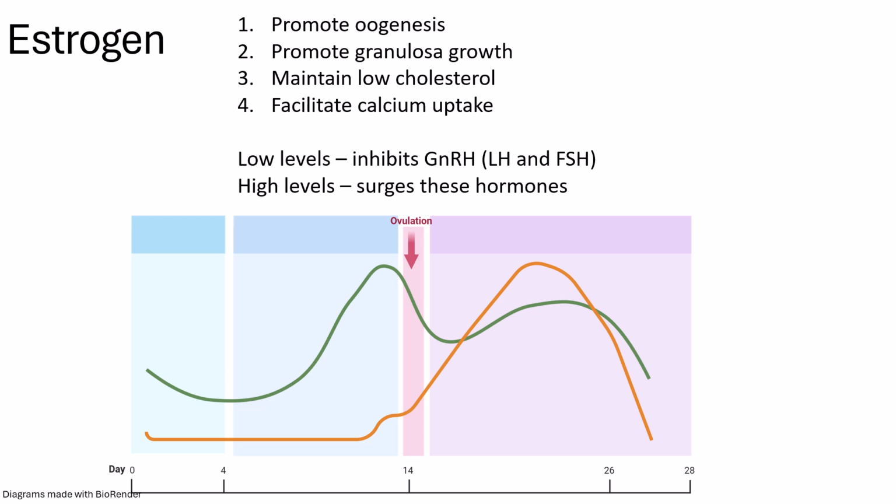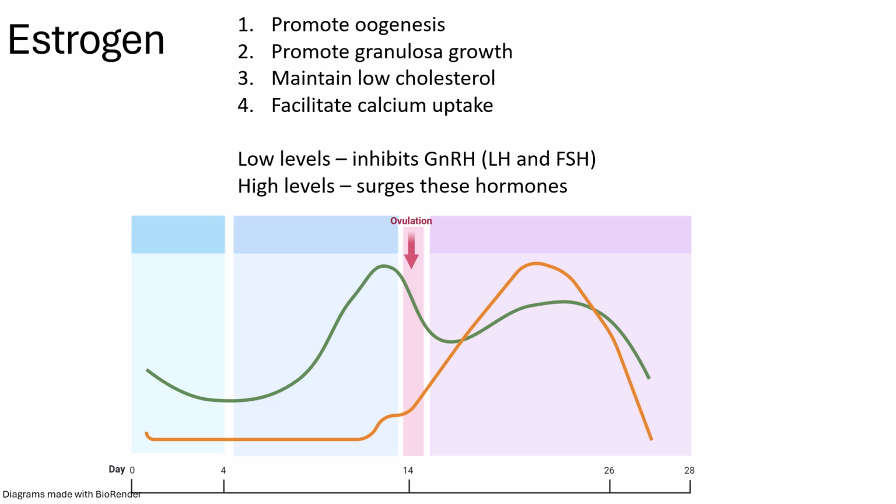The high level of estrogen produced by the added granulosa cells creates a positive feedback mechanism to add more granulosa cells that create more estrogen, causing more granulosa cells. At high levels, estrogen encourages gonadotropin releasing hormone to be released, and at high levels, estrogen encourages the release of FSH and LH as well.